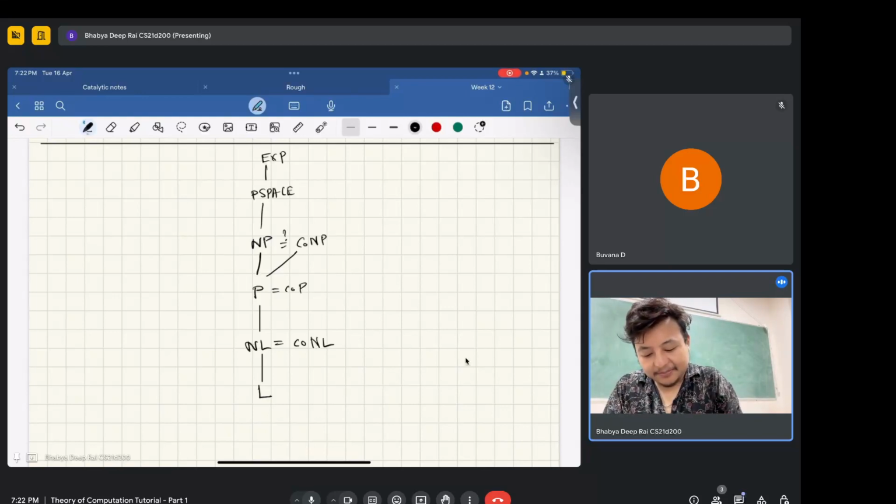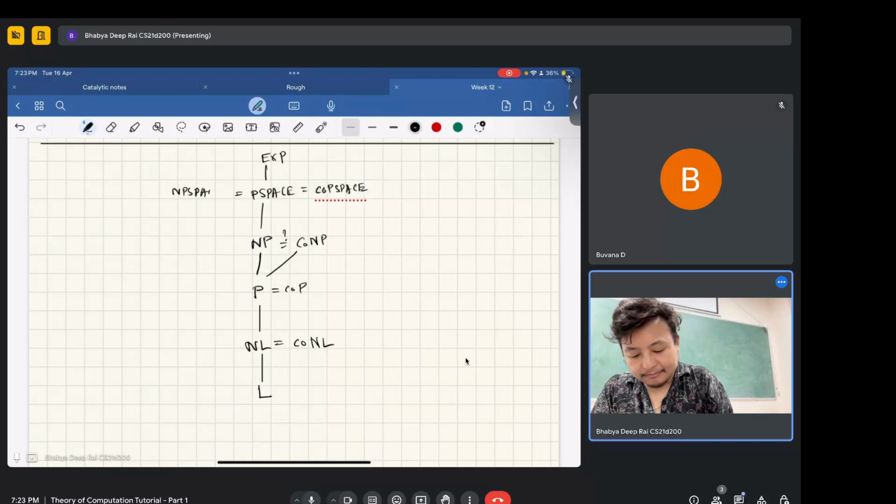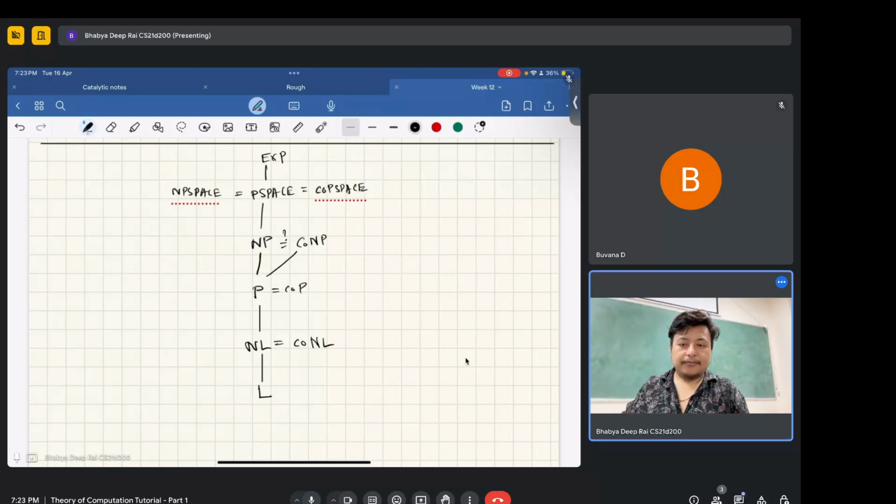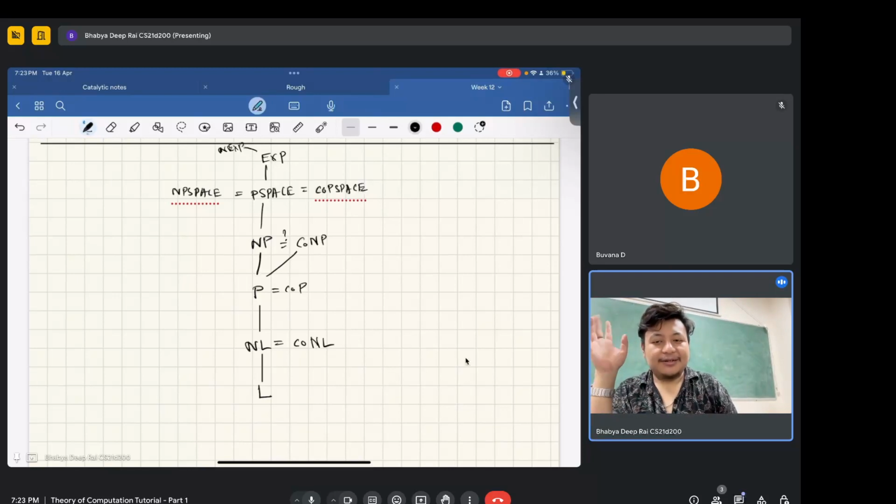What is known is that PSPACE is equal to co-PSPACE, and this is also equal to NPSPACE. These are the things that are known. Take a look at this diagram, and EXP is contained in NEXP. You can write the non-deterministic version also, but this is the diagram that will help you visualize where things are.